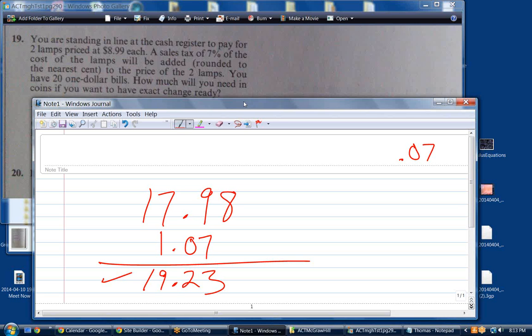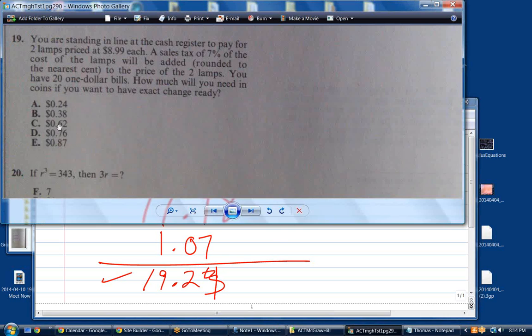Last 2 sentences. Okay, you have $21 bills. How much will you need in coins if you want to have the exact change ready? And you want to have 24 because you rounded to the nearest cent. Yeah, that 23 was really 24 because it needed to be rounded off. And so 24 cents is the answer.